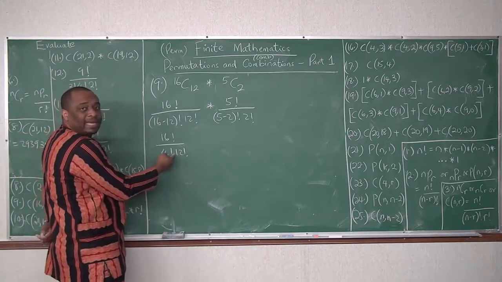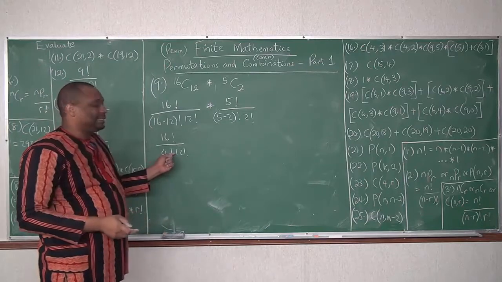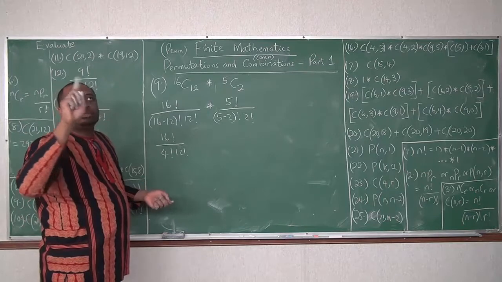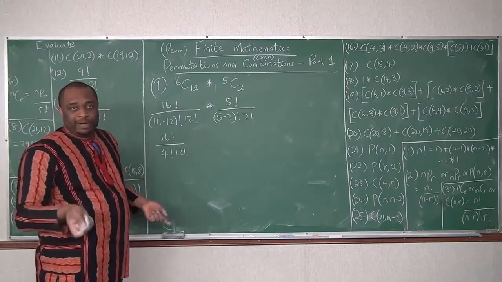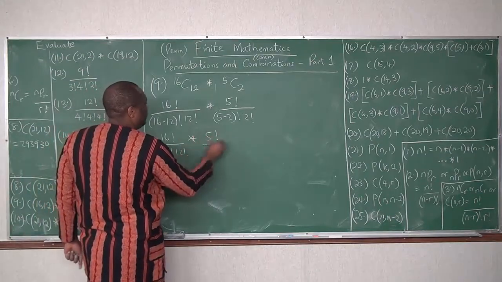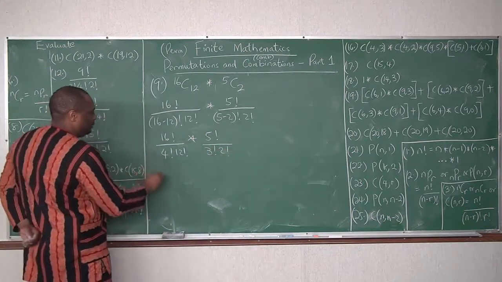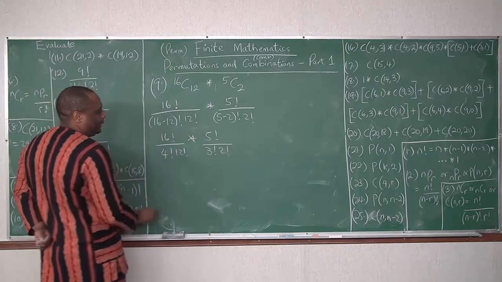Now, even if you don't put a times here, it's still times. If you have 4 factorial, 12 factorial, it means 4 factorial times 12 factorial, times 5 factorial over 3 factorial, 2 factorial. So I'll have to stop at 12 here, and I'll have to stop at 3 here.